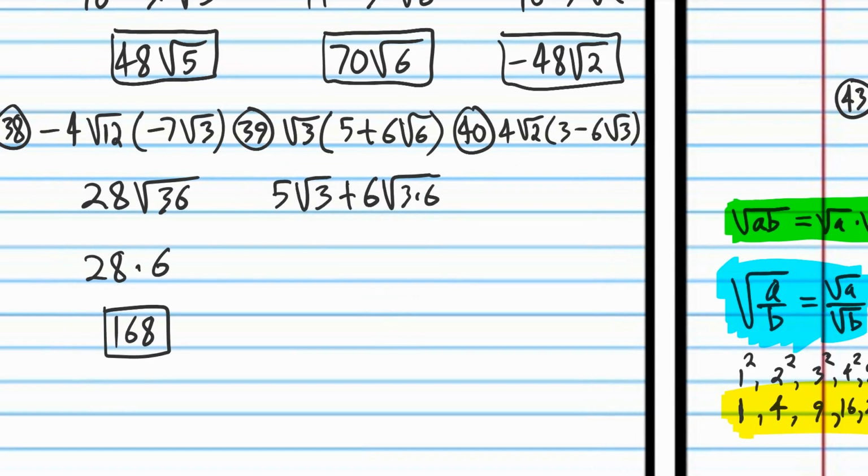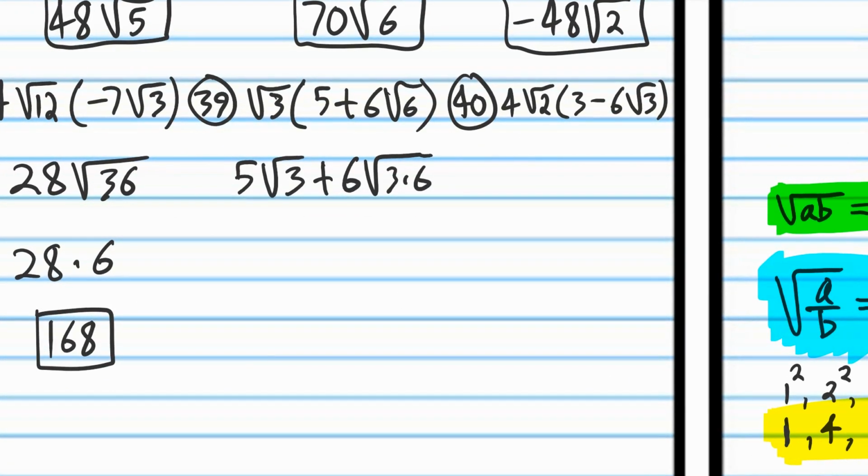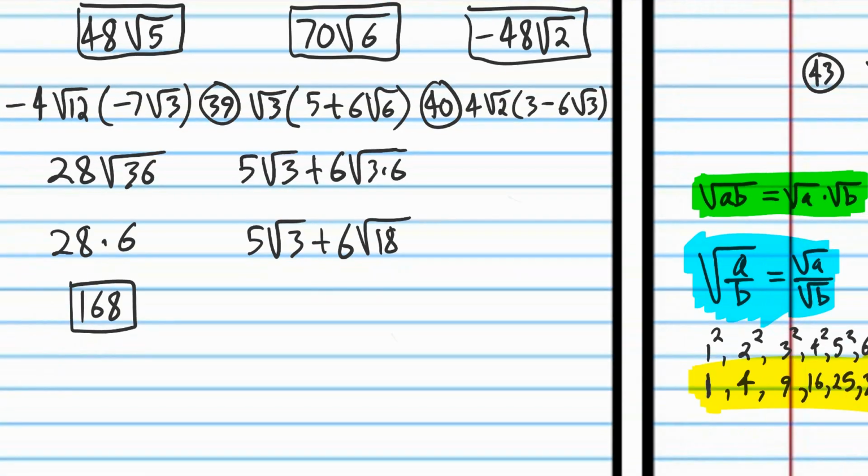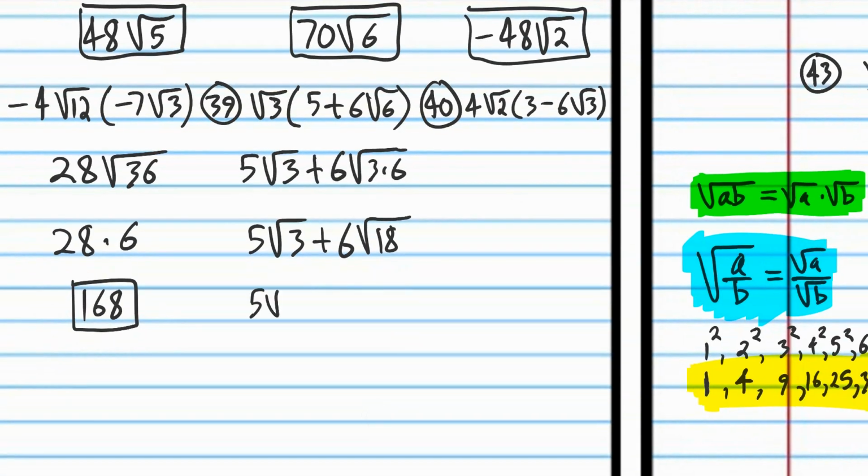So again, we took root 3 and multiplied it by 5. We took root 3 and multiplied it by this expression here. So we can't do anything with 5 root 3. We'll change that to 6 root 18. And now I'm going to have to factor out the perfect square from 18.